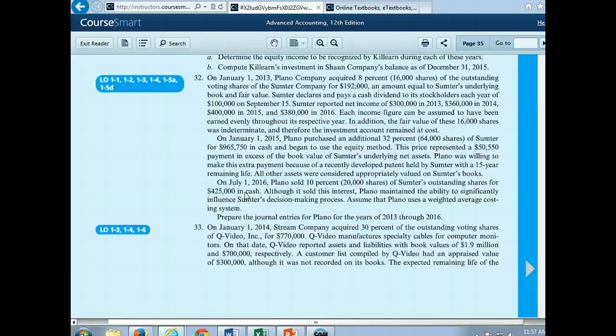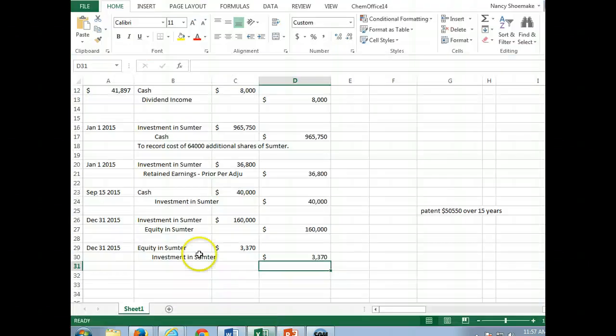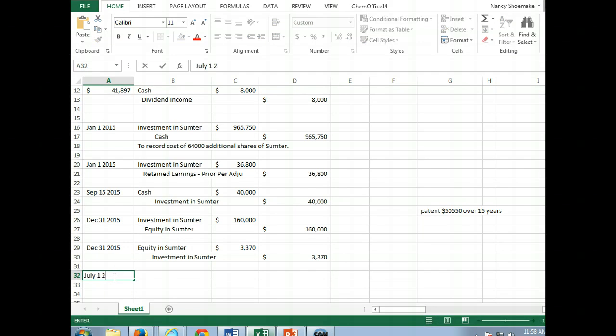So we're going to want to show that we had in 2016 $380,000 of income. Now we're going to show that income on July 1st, 2016. We're going to debit our investment in Sumter of basically the $380,000 times 40% in only half the year, because it told us that all the income happened equally.